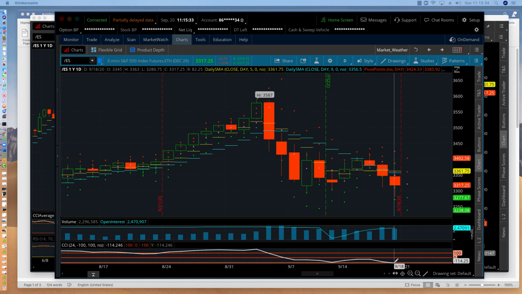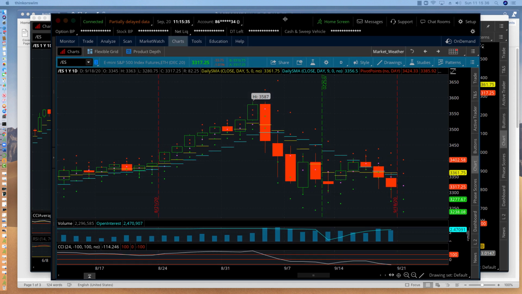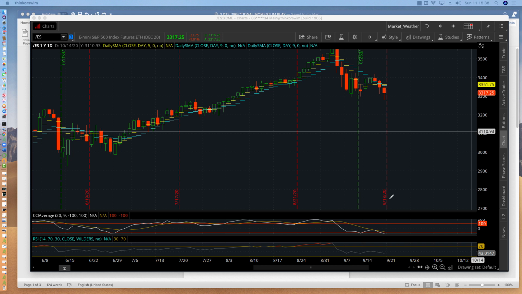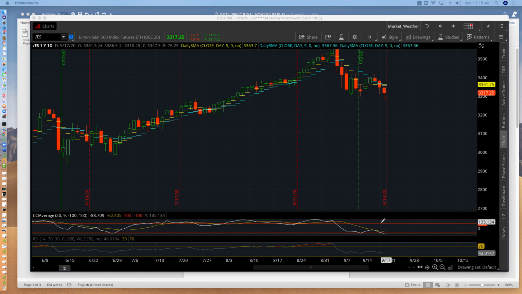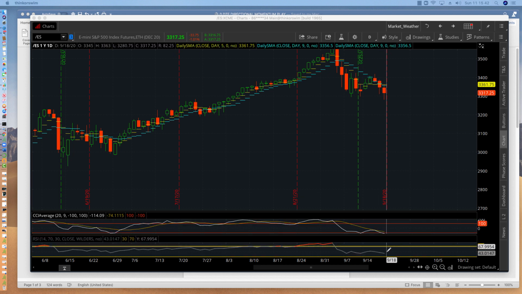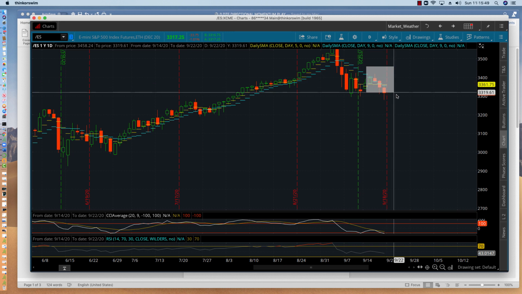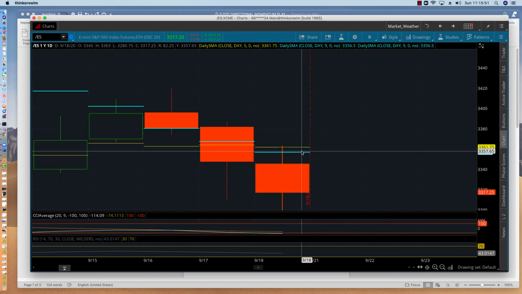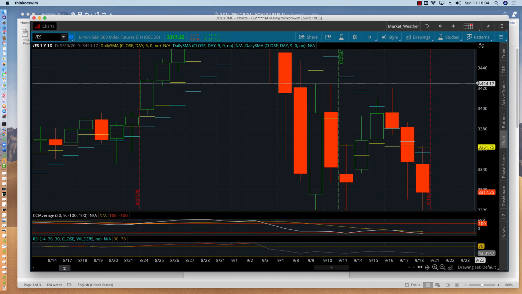The RSI is not on this one, so let me pull it over. Here we go. The RSI is 43, and you can see the fast and slow moving averages are kind of close, but the day before, the 5 was lower than the 10, and we're making lower lows.